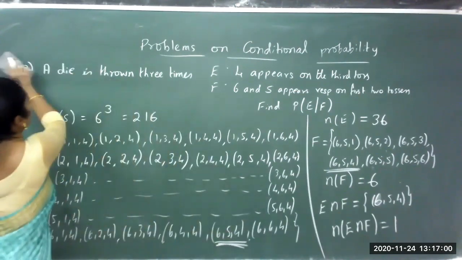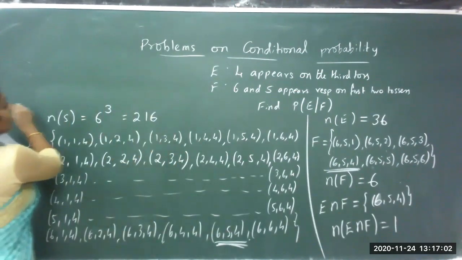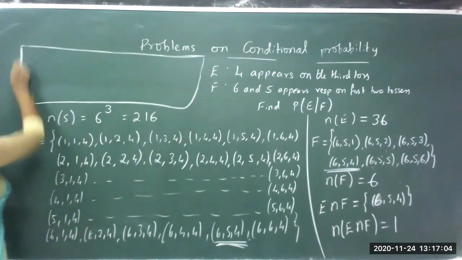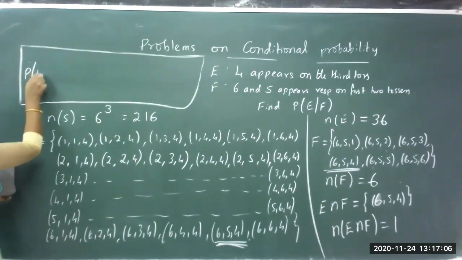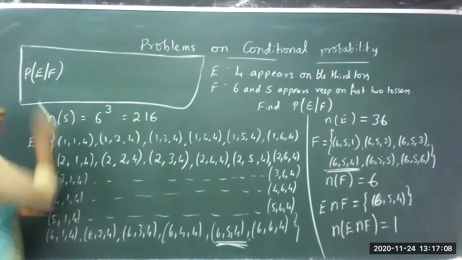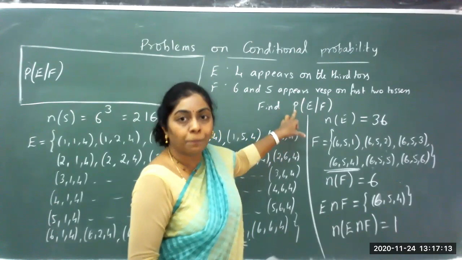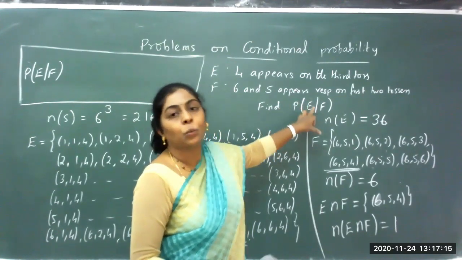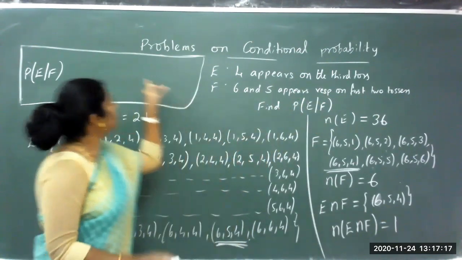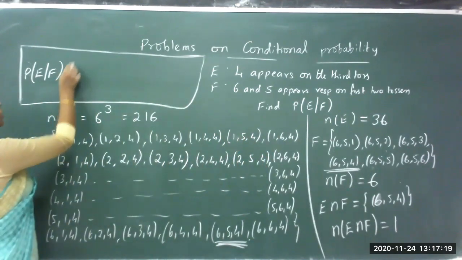Now, let me find the conditional probability. What I have to find is the conditional probability of event E given that event F is occurring. What is the definition?